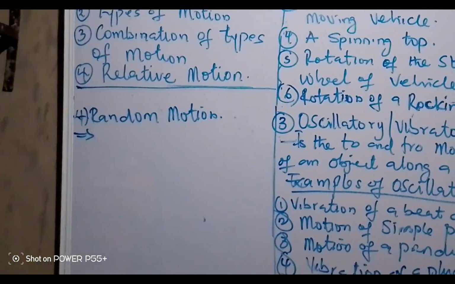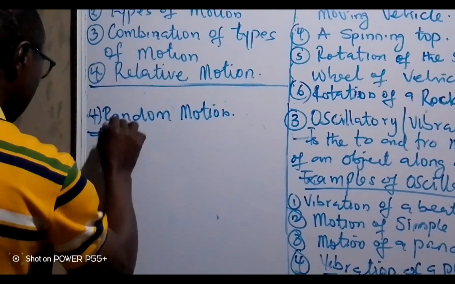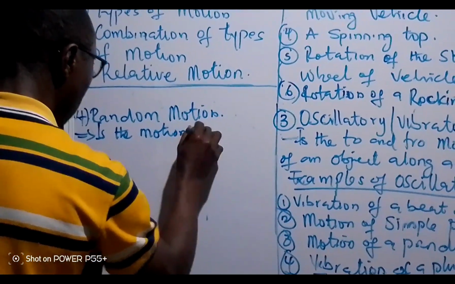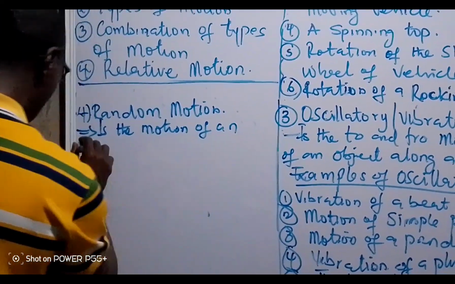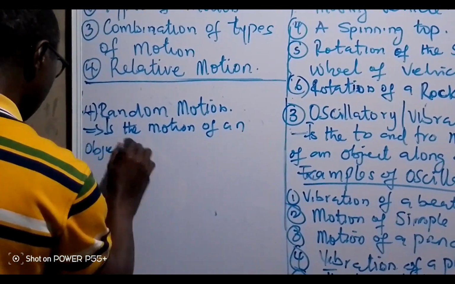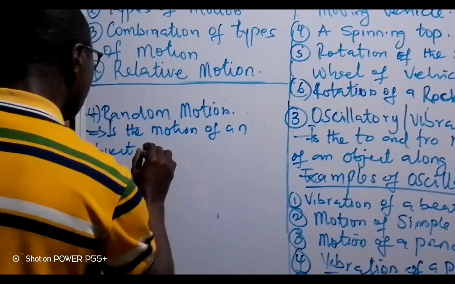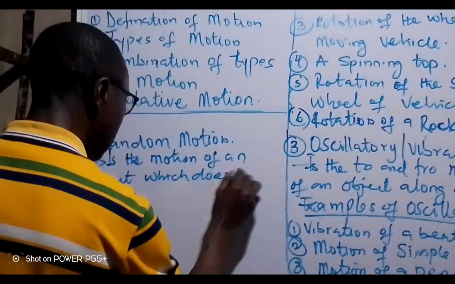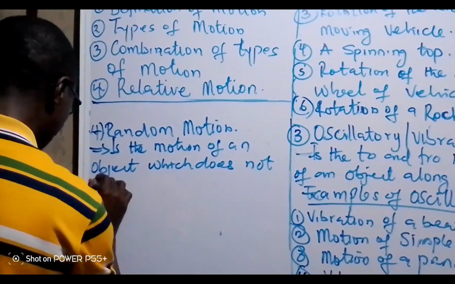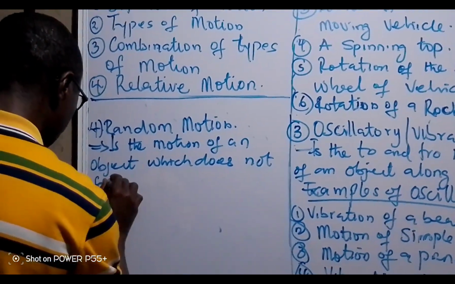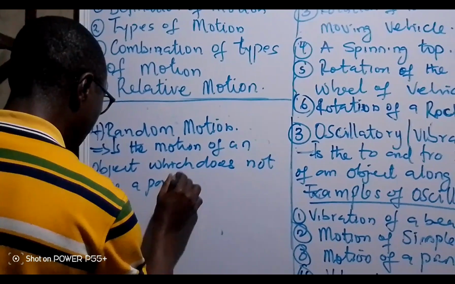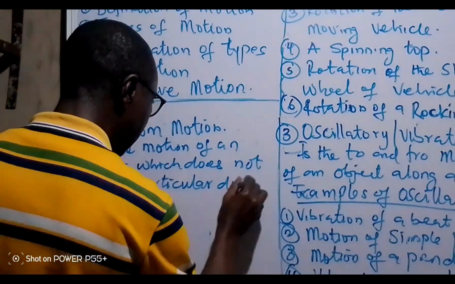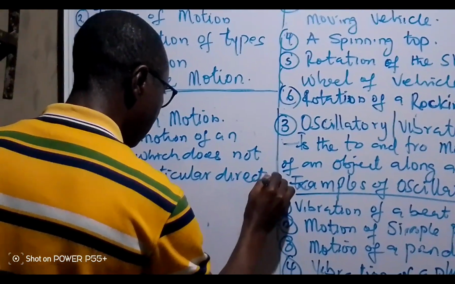Random motion is the motion of an object which does not face a particular direction.